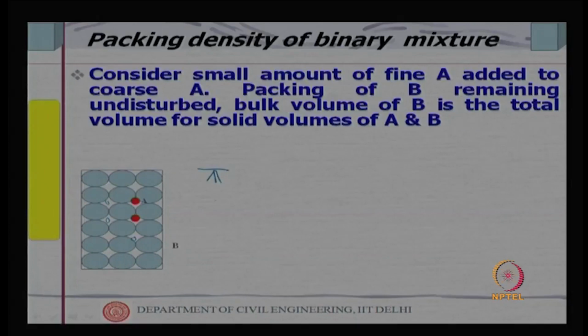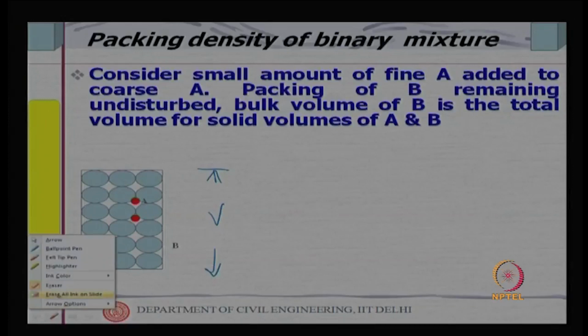This volume is my original volume V which was packed with coarse particles. So, the packing of this one will not get disturbed, because I have put in a few particles, no way it is going to disturb this. So, it will remain the same, right. Packing of B will remain the same, and particles A will all go inside.